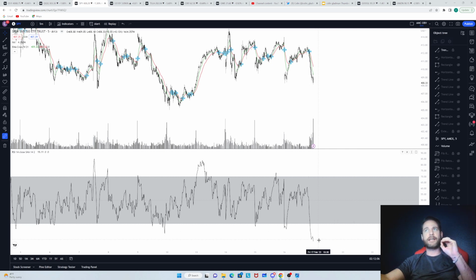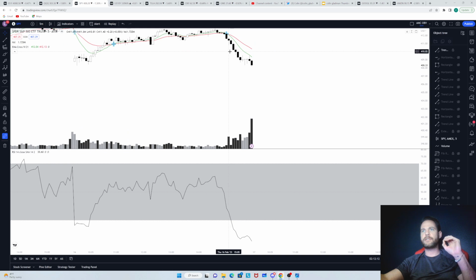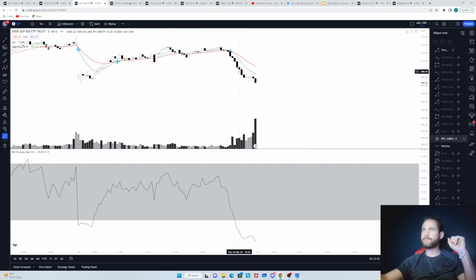Now, obviously, it can still keep going down. What was SPY at when it first entered oversold? SPY today was at 410 when it first entered oversold territory and still went on down to basically 408 before it bottomed out.